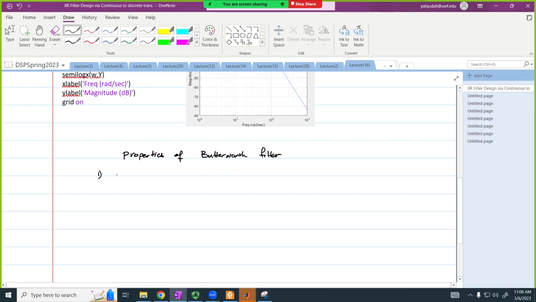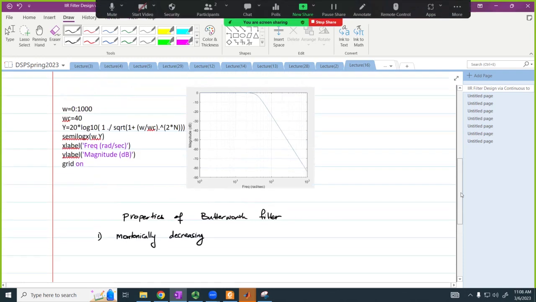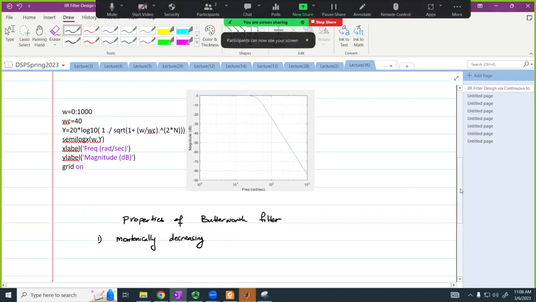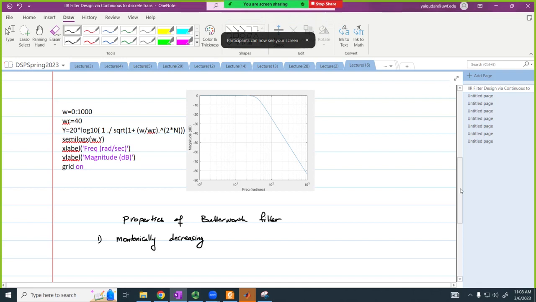The first property is the filter is monotonically decreasing. What does that mean? If I take any frequency and look at the gain, and then take a frequency greater than that frequency, then the gain at that other frequency is going to be less than the gain at the smaller frequency.